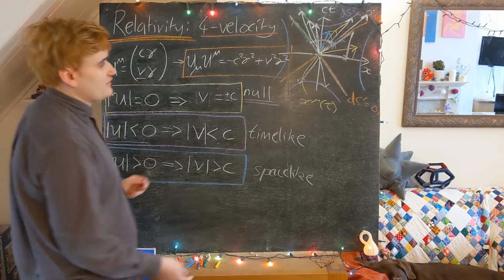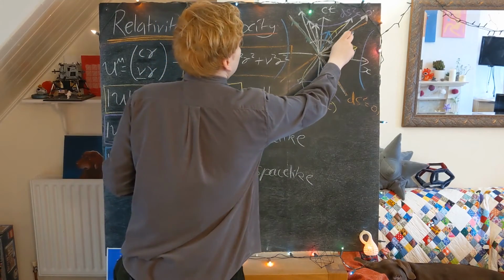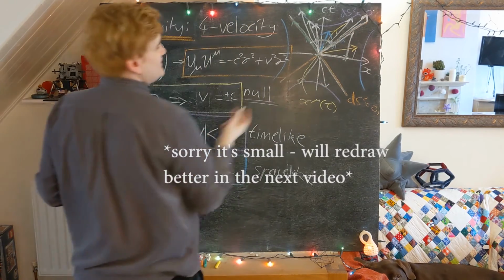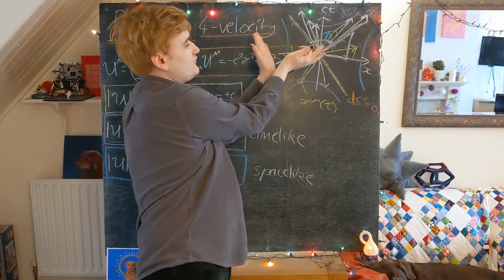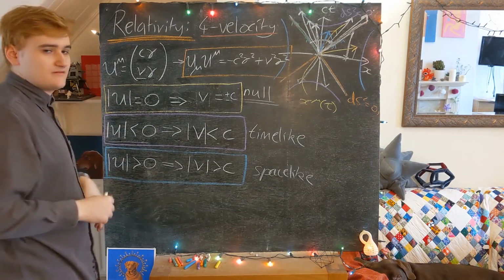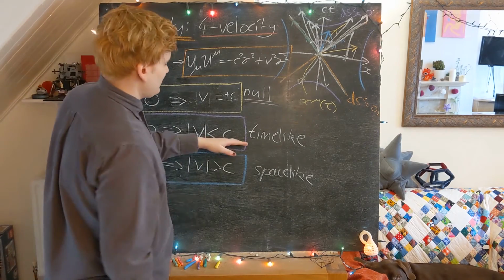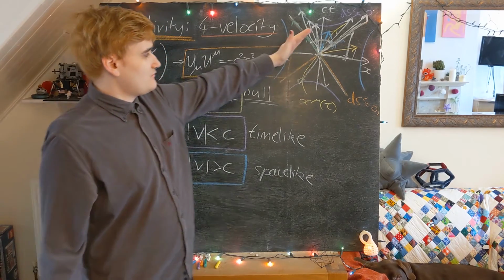So now, giving our interpretation of this diagram using this light cone, all of the vectors which lie within this 45-degree forward light cone represent the velocities of real, physical particles.